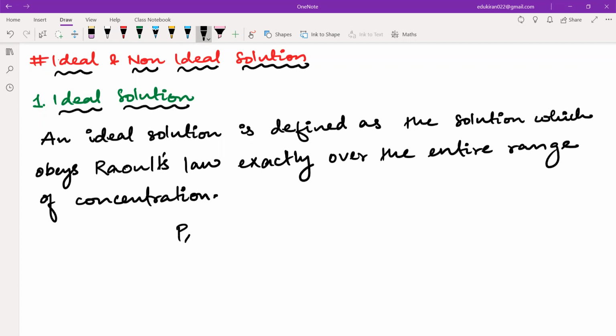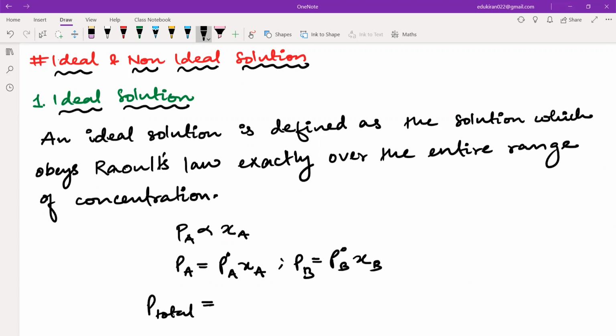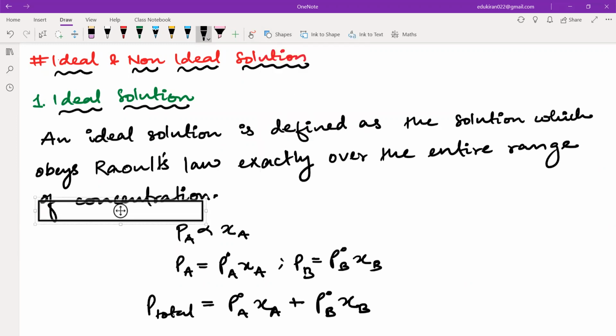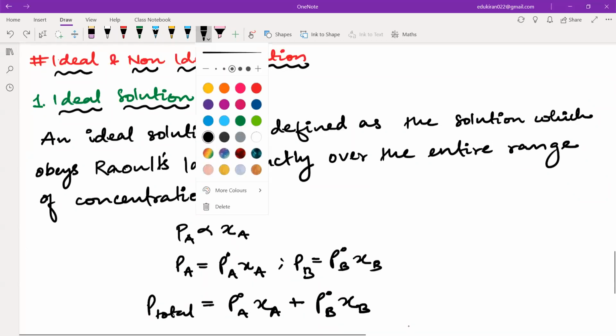It is saying the partial pressure of A is directly proportional to chi A, and we can write the partial pressure of A is equal to P naught A chi A. Similarly, we can also write PB is equal to P naught B into chi B, and P total will be equal to P naught A chi A plus P naught B chi B. You only have to write till here.